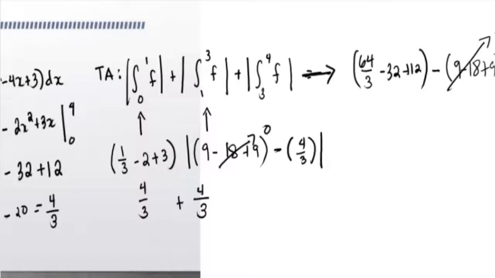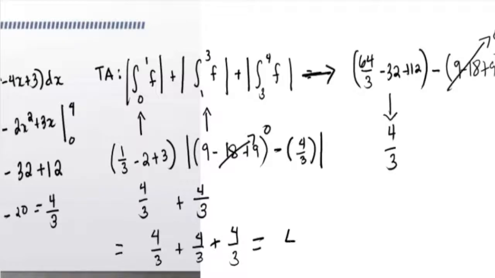But we have solved this as 0. We have solved this as 4/3. So, total area niya ay 4/3 plus 4/3 plus 4/3, which is equal to 4. Okay? So, that is it for the total area versus the net area.